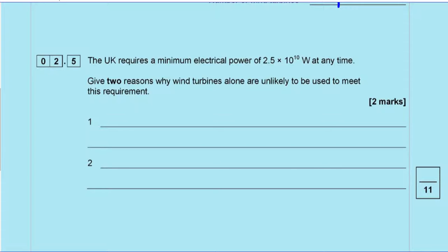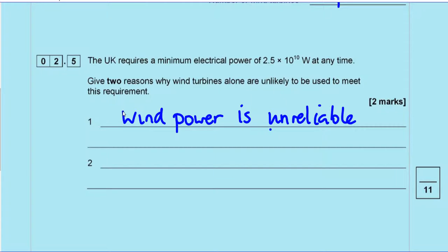The obvious thing about wind power is that it is unreliable. On a day where there's no wind, or only a little wind, we're not going to get enough power to meet that demand. The word unreliable is the key word we'll be looking for there.